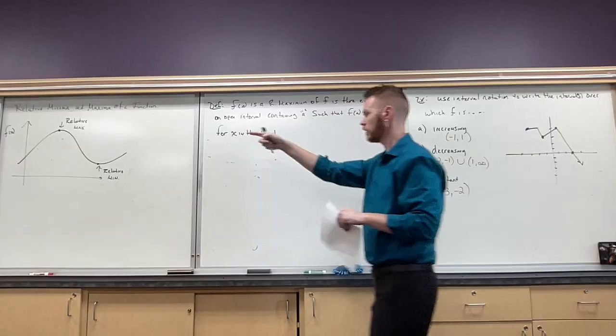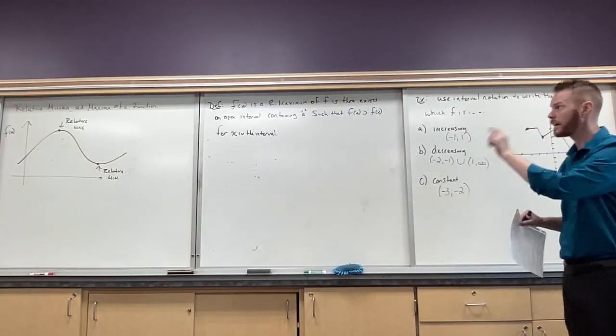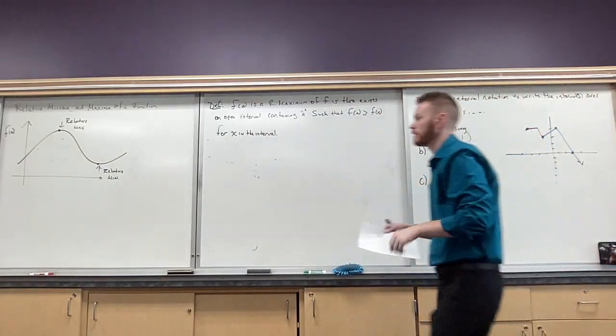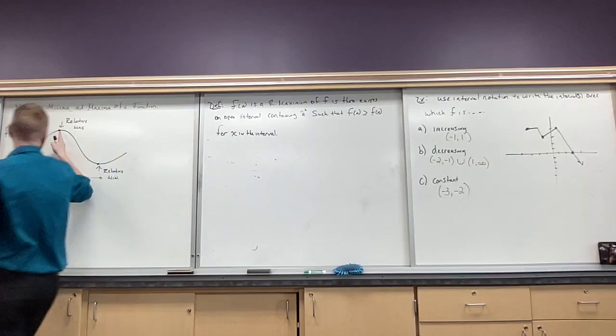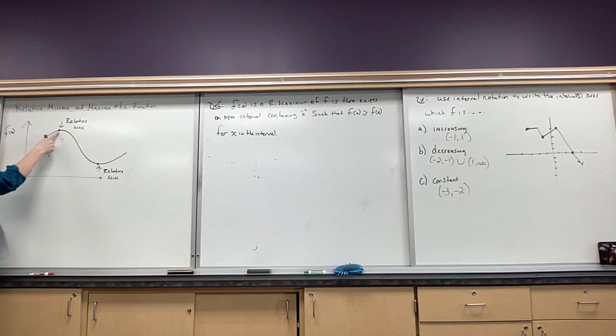Okay, so if you look at that relative max point over there, that's what this is telling me. Okay, that this guy right here, this a coordinate, whatever this a value is, is larger than all the f of x values left and right of it. Okay, that's how we know.